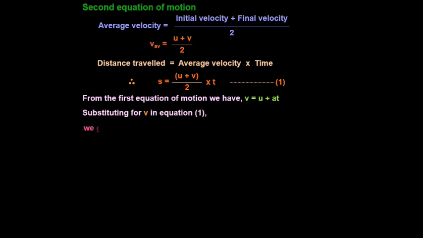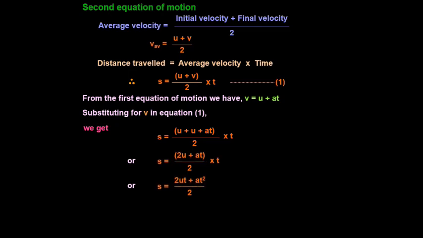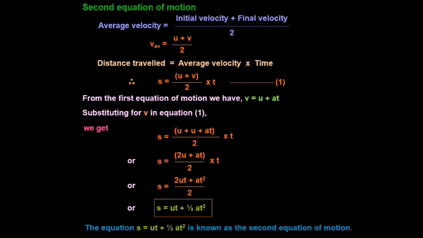From the first equation, v is equal to u plus at, substituting the value of v, s is equal to u plus u plus at divided by 2, into t. So you'll get s equal to 2ut plus at square by 2. Ultimately you'll get s equal to ut plus half at square. Once again, if it is a retarded motion, then a would be replaced by minus a.